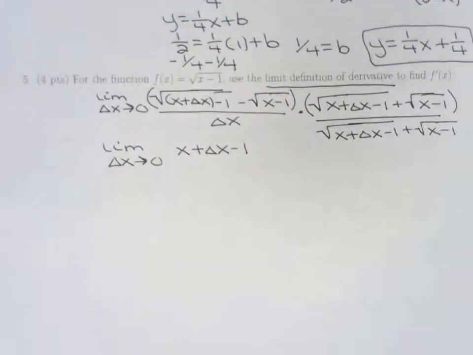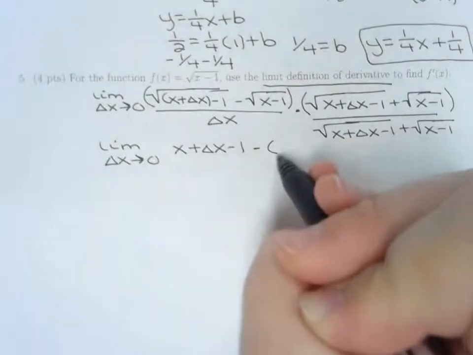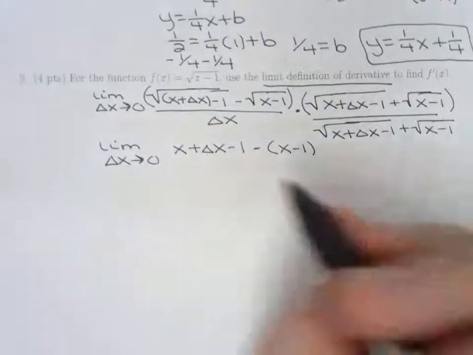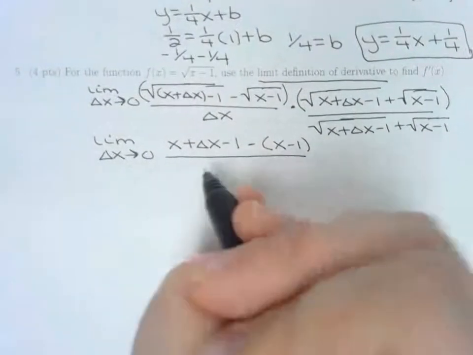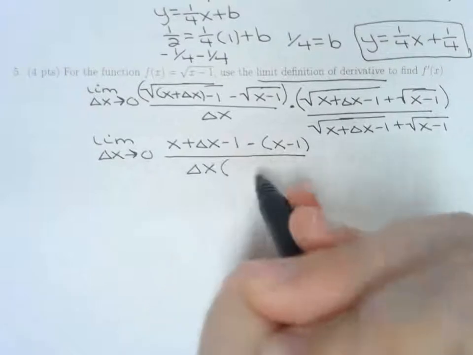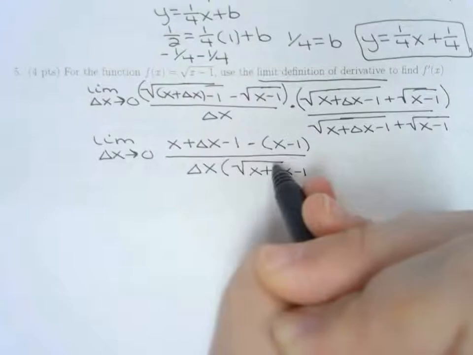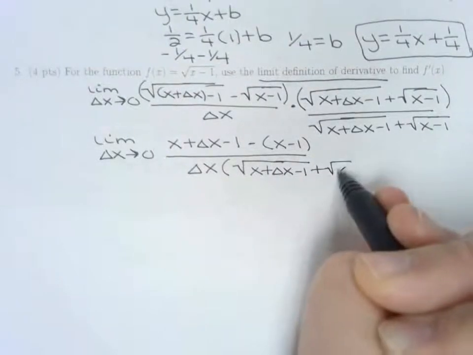Conjugates allow my middle terms to cancel out. So my last part is just going to be minus x minus 1, or minus x plus 1, whatever. All over delta x times square root of x plus delta x minus 1 plus square root of x minus 1.